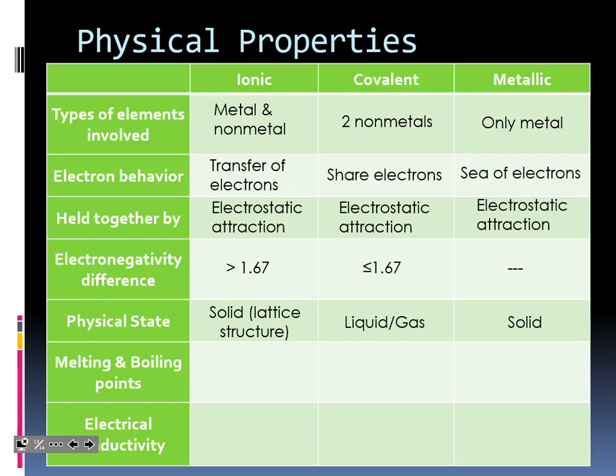And by their physical states, we should be able to make a prediction about their melting and boiling points. If ionic compounds are solid at room temperature, what should that say about their melting and boiling points? That they're high, good. Remember, solid structures have forces holding them together in place.